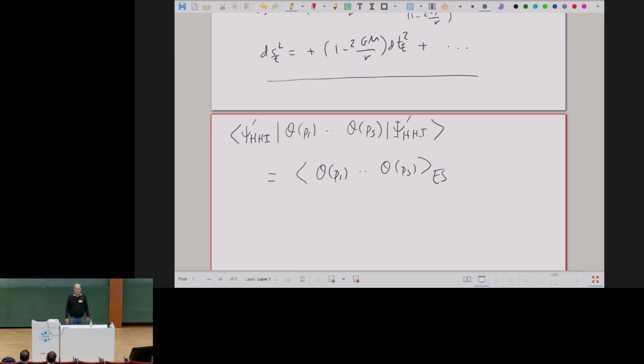On the right-hand side, I don't normalize the path integral. So the right-hand side is simply the path integral in the Euclidean Schwarzschild solution with insertions of whatever operators you want to insert. So if you want a normalized Hartle-Hawking Israel state, it's just this unnormalized one divided by a normalization factor. And the normalization factor is the Euclidean Schwarzschild path integral with no operator insertions.